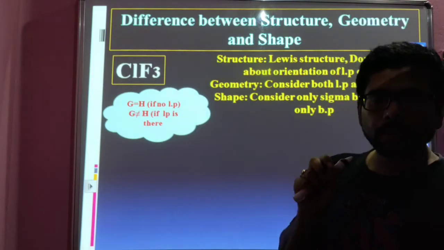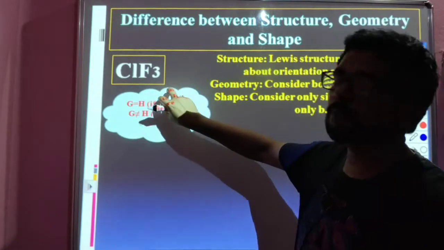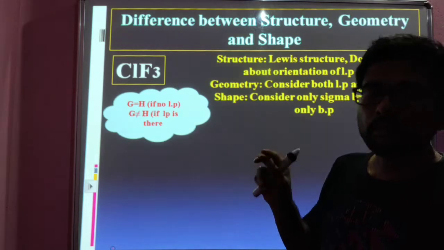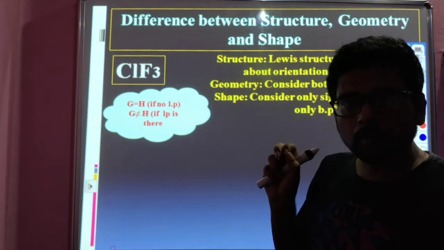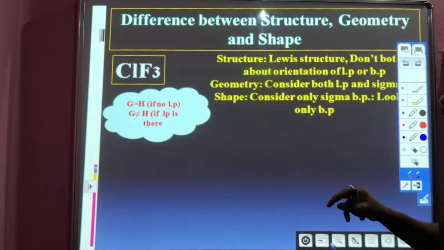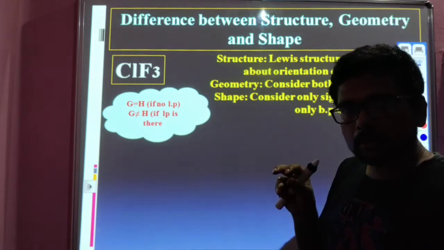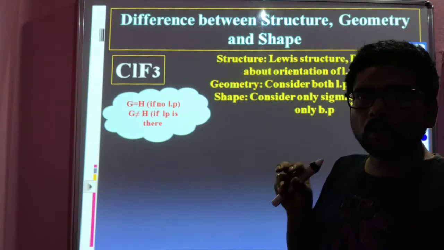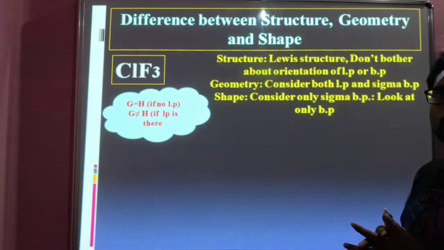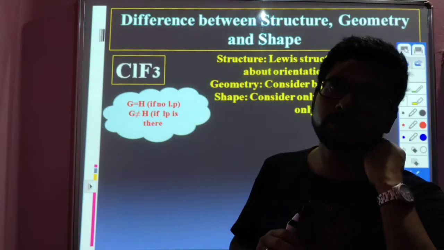But when we show you the shape, that time we won't look at the lone pair. We will only look at the bond pairs. However, lone pairs and bond pairs you have to arrange in such a way that they have minimum repulsion.